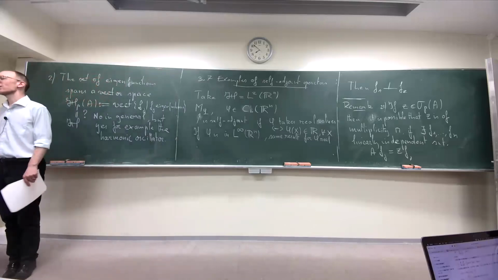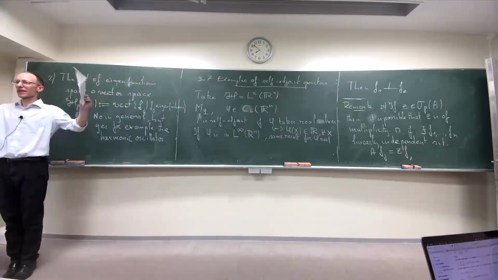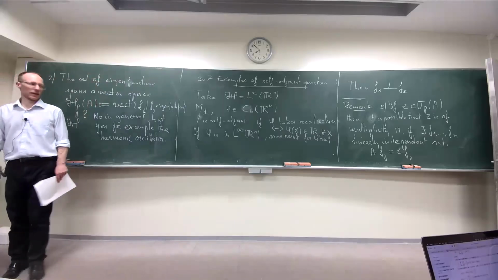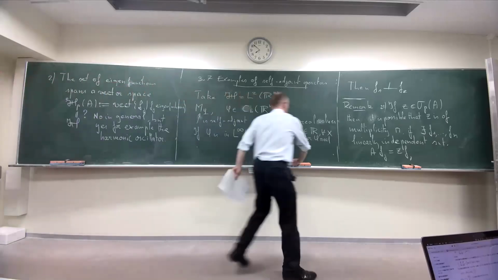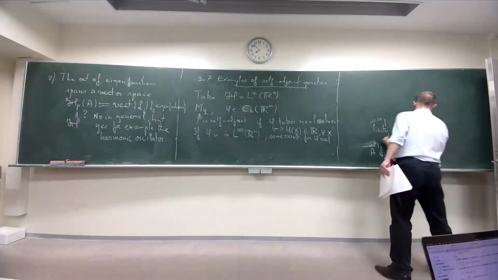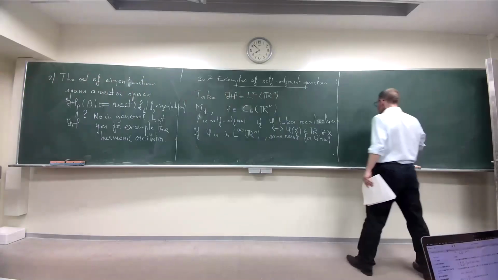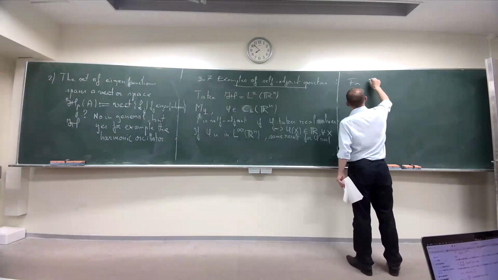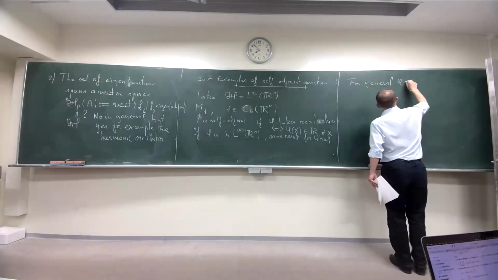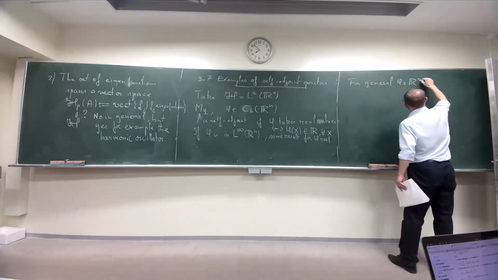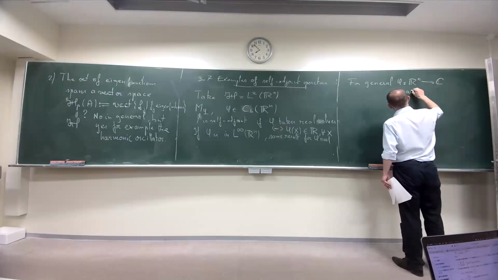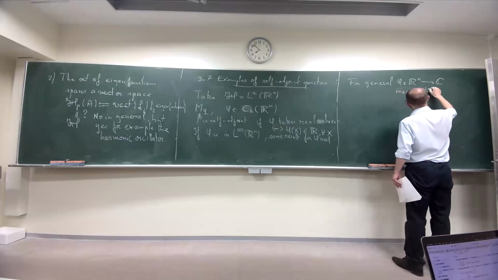And now if phi is not even bounded, take any phi, measurable. What can you say in the general case? For general phi from Rn to C, but I need this notion of measurable, and we know what is the meaning.